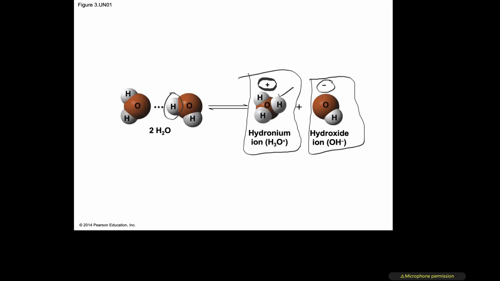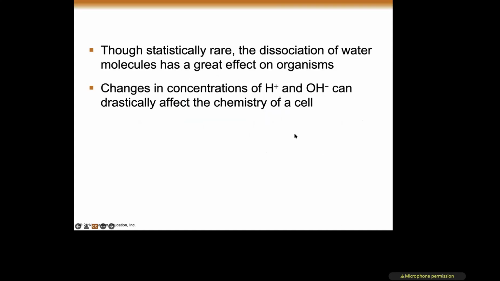Because of this situation right here, that is what is going to lead to solutions having a change in pH. The fact that the hydrogen is free floating before it switches, this free floating hydrogen leads to acidic solutions. Alrighty, so let's get to it.